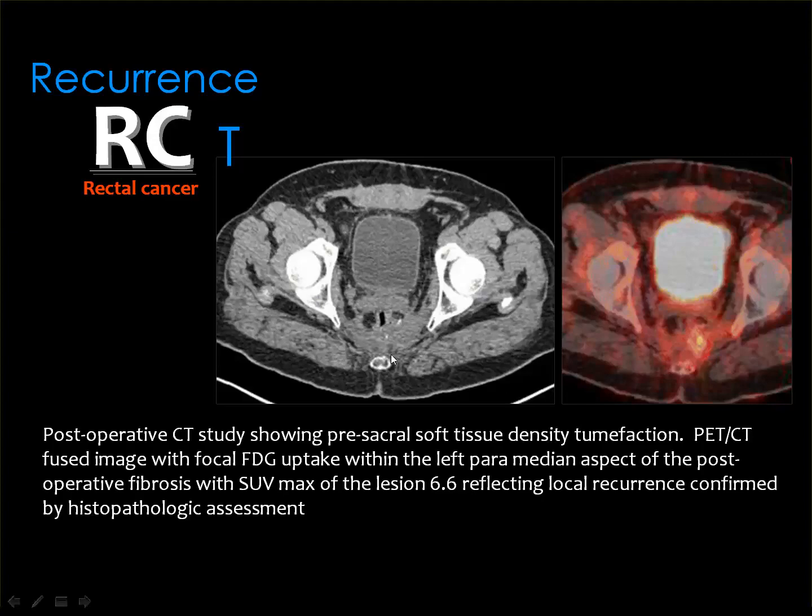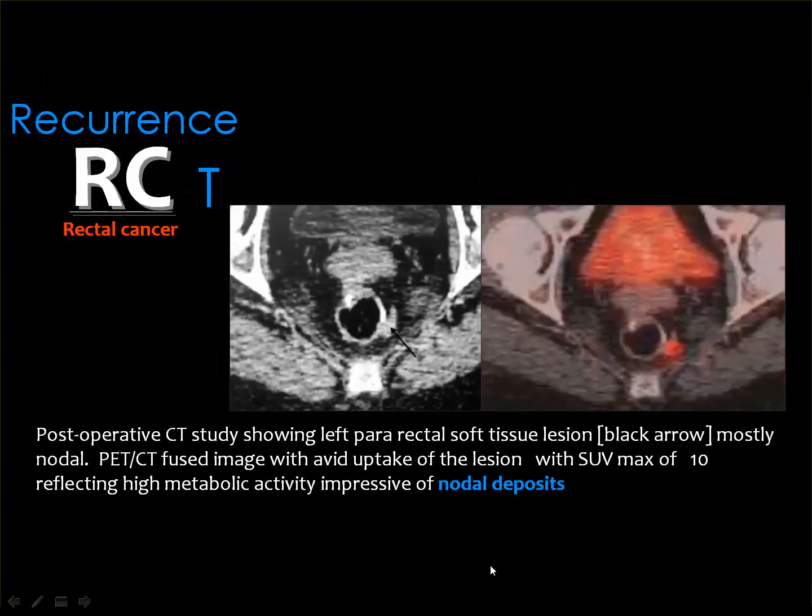You have a mass in the presacral area, and this mass may represent normal post-operative fibrous tissue after abdominoperineal resection, but if the mass is increasing over time or becoming irregular, and the PET scan is also helpful to detect metabolic activity within the mass, this indicates that there is a tumor recurrence.